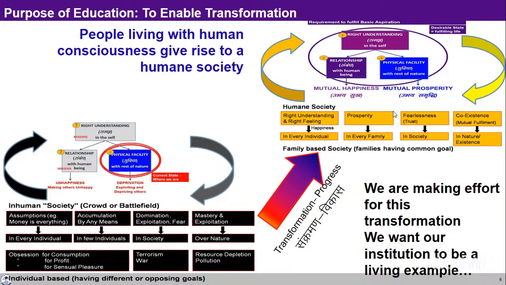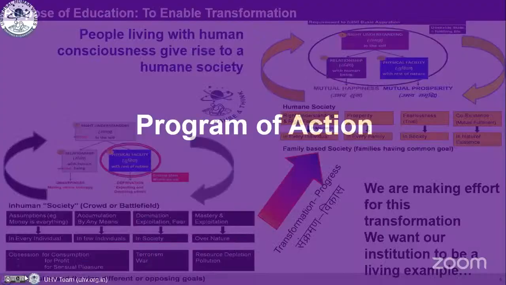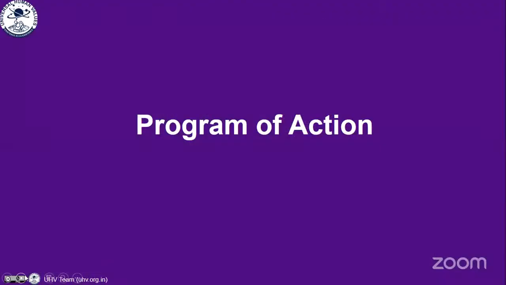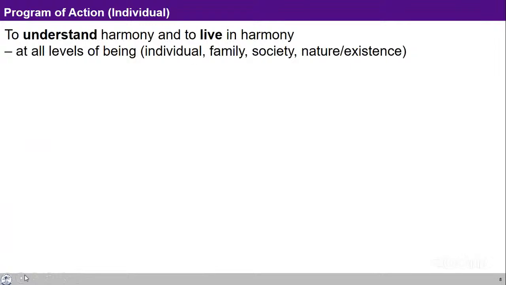We are making effort for this transformation. We want our institution to be a living example. So what we need to do, what should be the course of action? We can look at this program of action. As individuals, we can think about transforming ourselves.